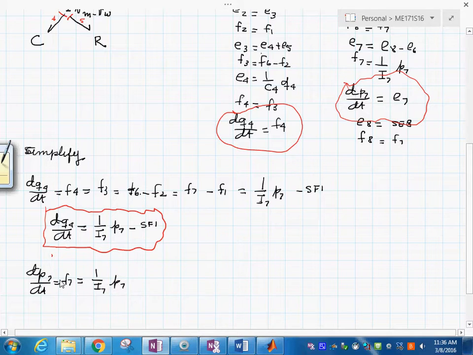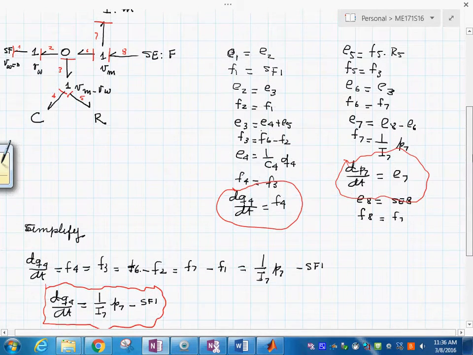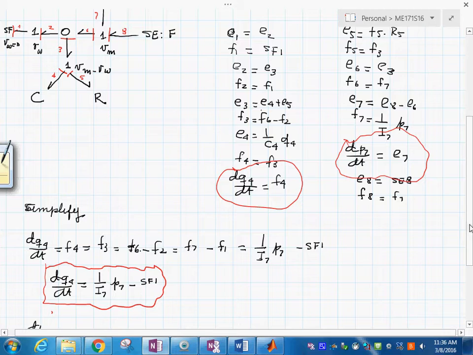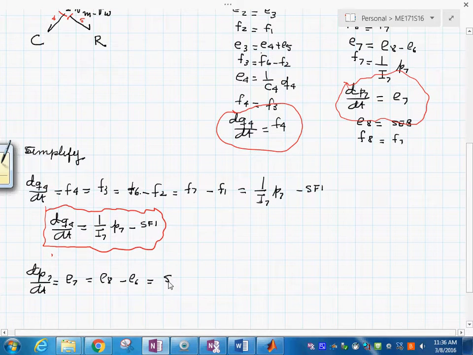This one is SE8 minus E sub 6, but you see E sub 6 is E sub 3, and then E sub 3 is E sub 4 plus E sub 5. We continue this with E sub 4 is 1 over C sub 4 Q sub 4. What is E sub 5? E sub 5 is F5 times R5.